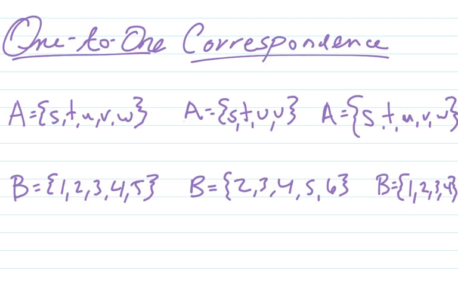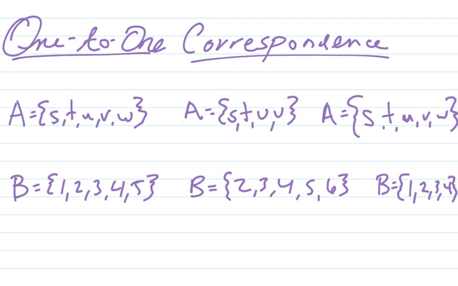So looking at these examples of A sets and B sets, if we were to determine which ones could have one-to-one correspondence, anything that has the same cardinality could be put into one-to-one correspondence.